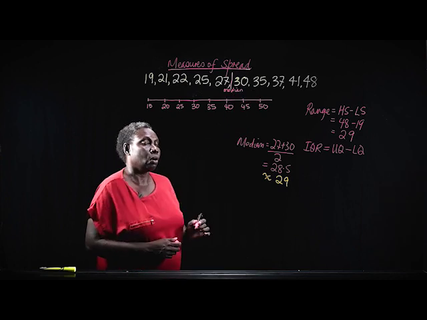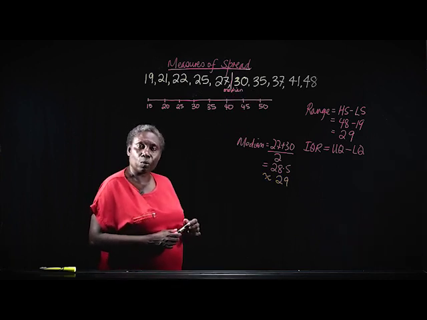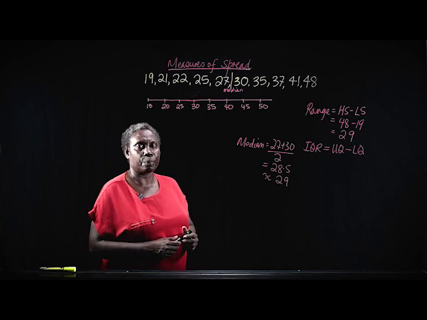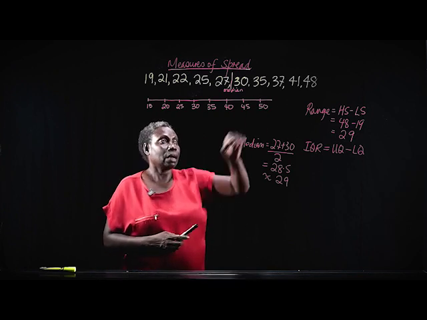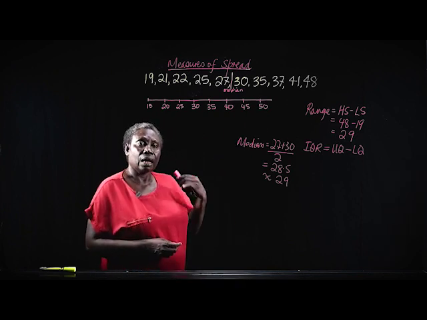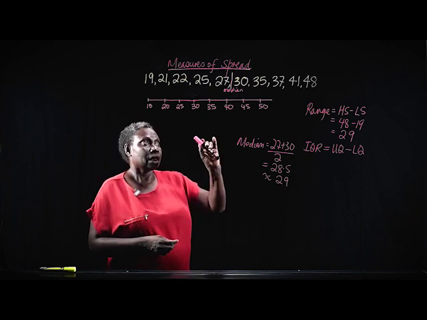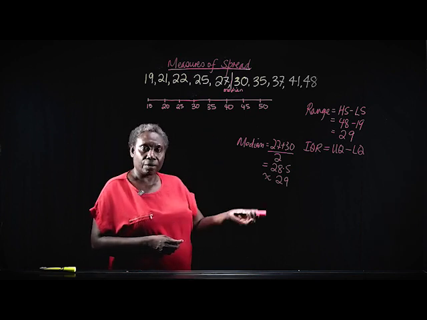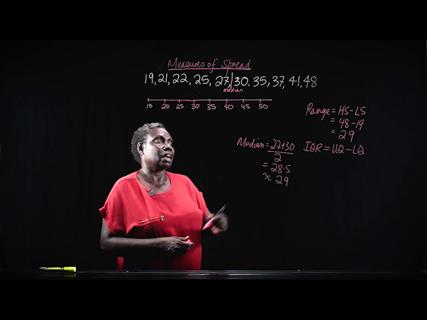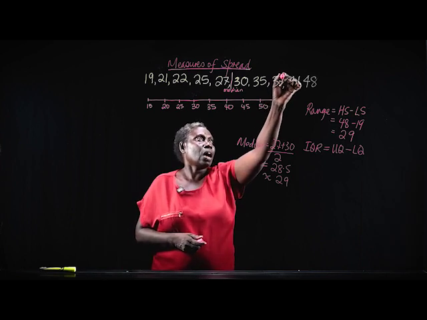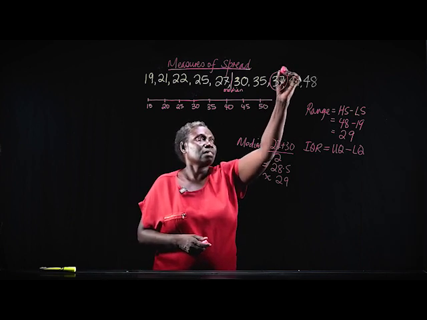Now we are going to find the upper quartile. How do we find the upper quartile? The upper quartile is always the median of the set of scores which are above the original median. In this case, our upper quartile is 37.